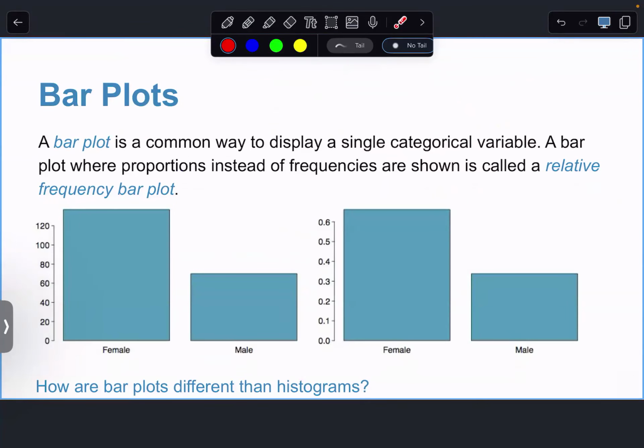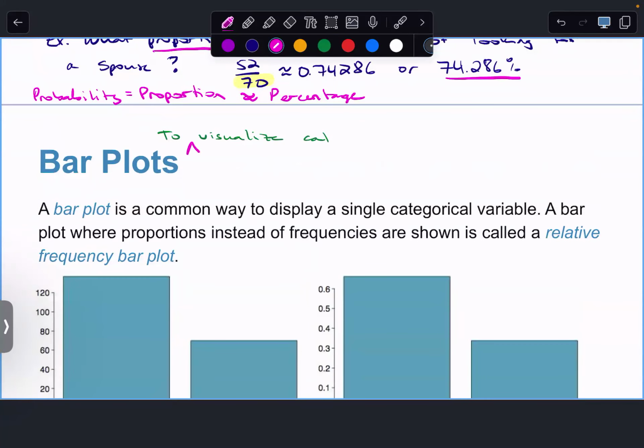To best visualize categorical data, because there are others, we use bar plots. Bar plots are exactly what you think they are.